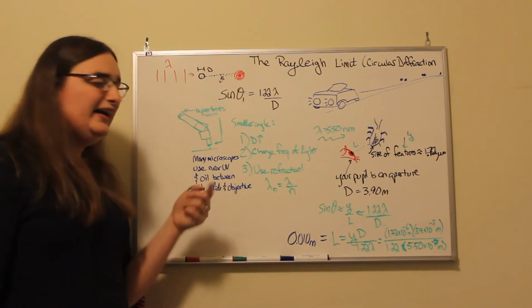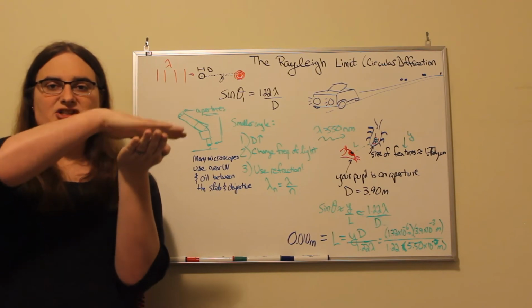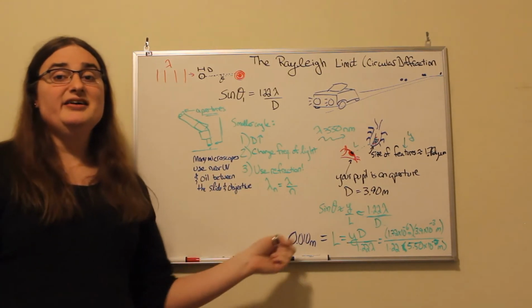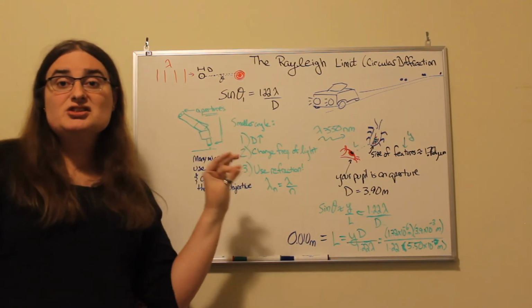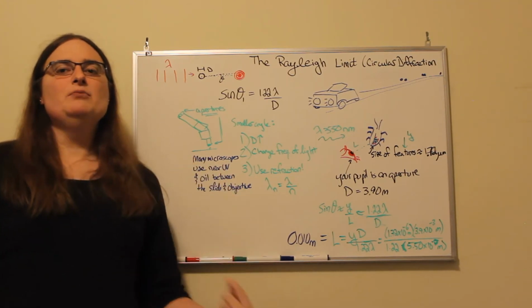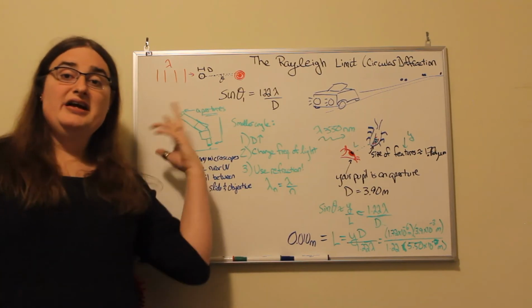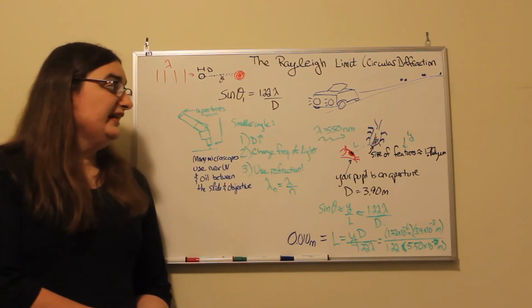So a lot of slides will use an oil layer between the object you're trying to image and the objective lens. The whole job of that oil layer, it has a higher index of refraction than air, shortens the wavelength of light on its own, giving you that little bit more detail than what you could get from just using air between your microscope and what you're trying to see.